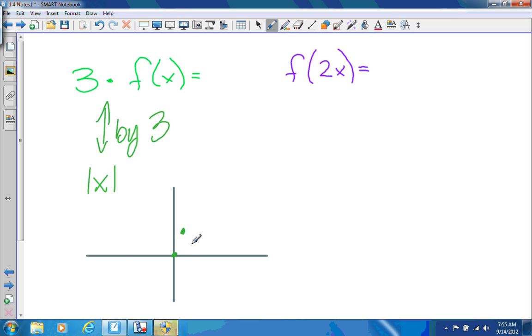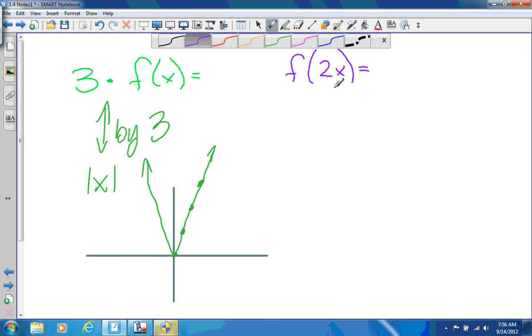Usually it's over 2 and up 2, but now it's over 2 and up 6, because you have to multiply the y value by 3. Over 3, up 3 would become over 3 and up 9. And so it would just change the steepness. Same domain, same range, it would still be even.